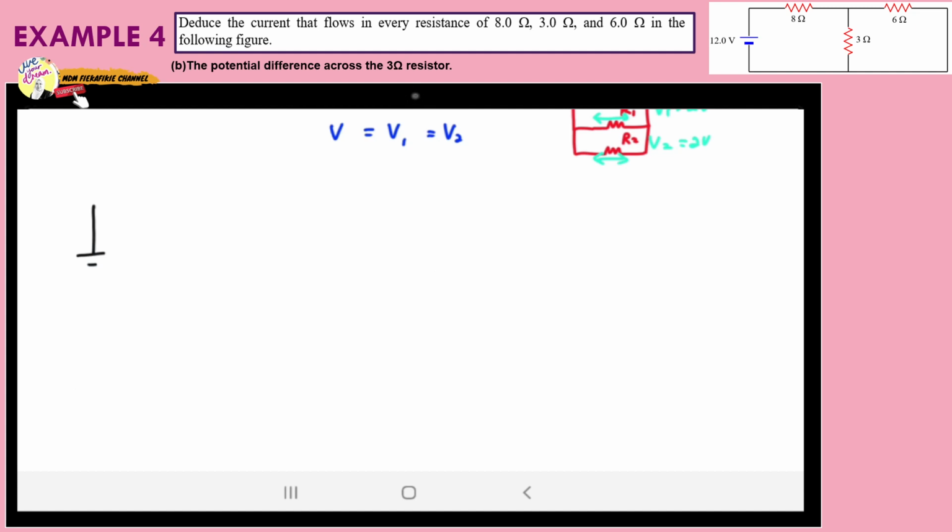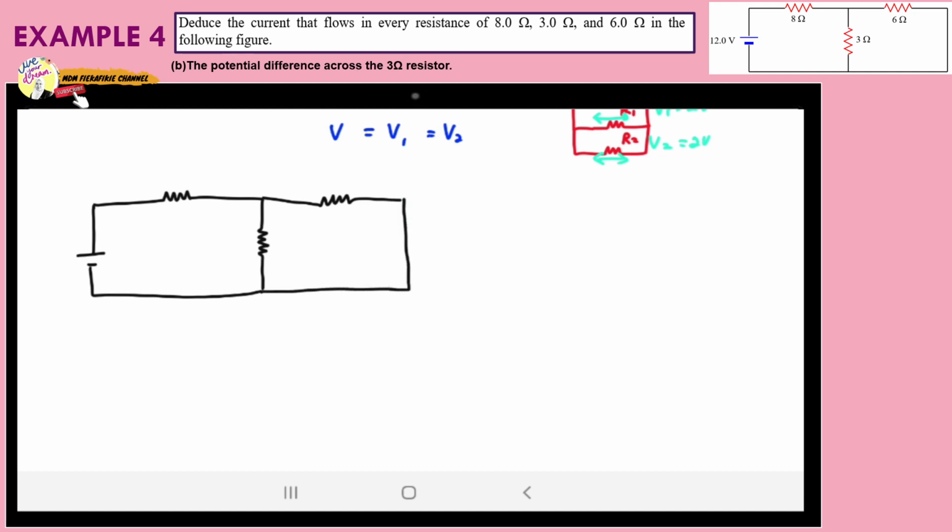So we have the battery and R1, and this is R2, and this is R3. Okay, so let's label. So 12 volt.